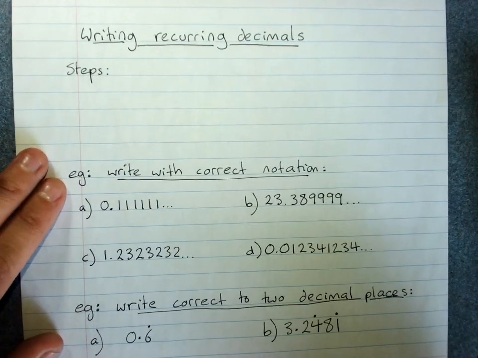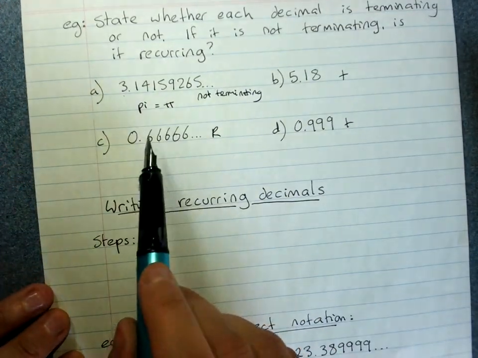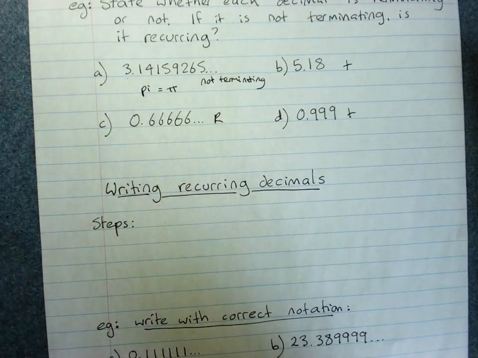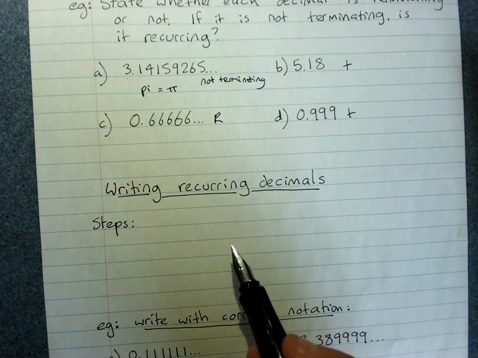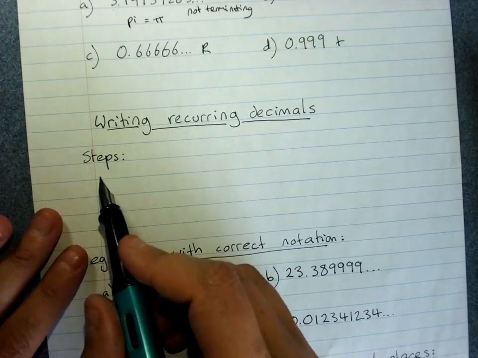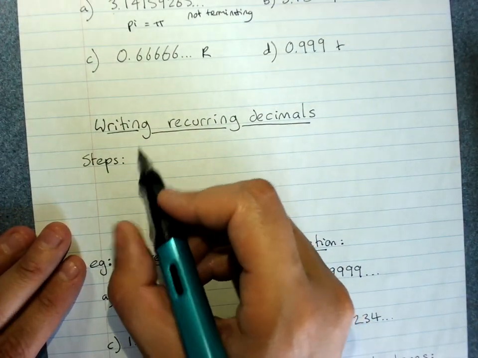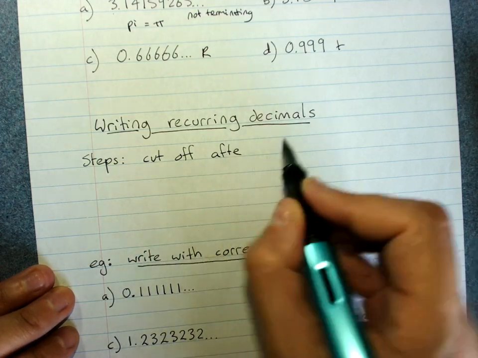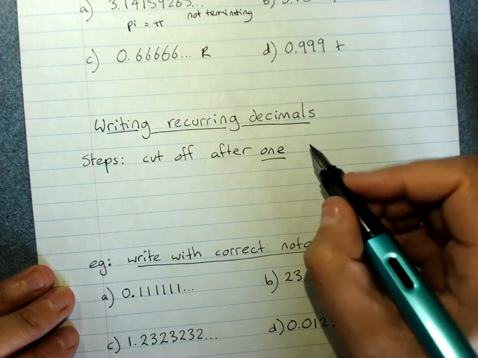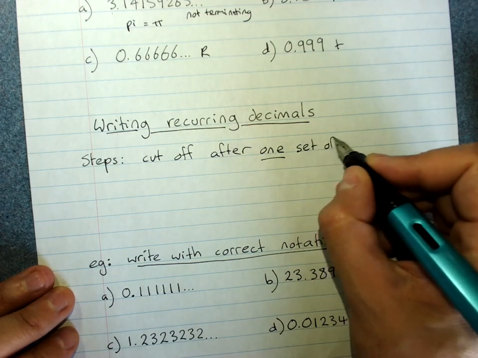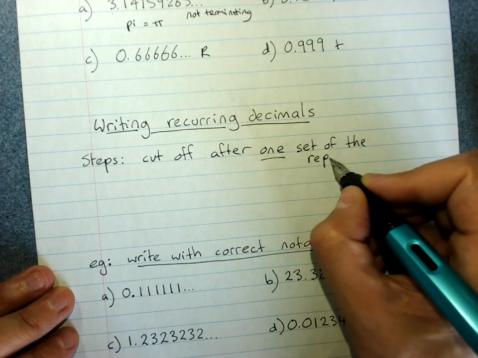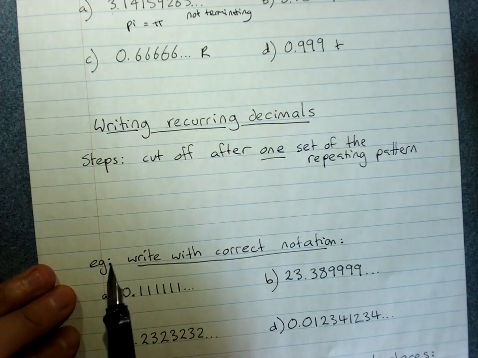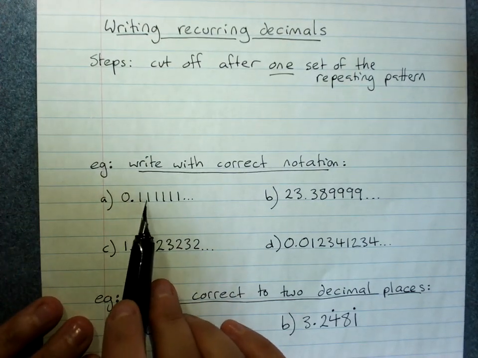We do need to be able to write recurring decimals because it's annoying to have to write 0.66666666 forever. So when we write recurring decimals, we cut them off after one set of the repeating pattern. So for this one, the repeating pattern is 1, 1, 1, 1, 1.